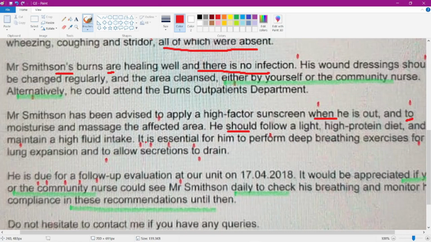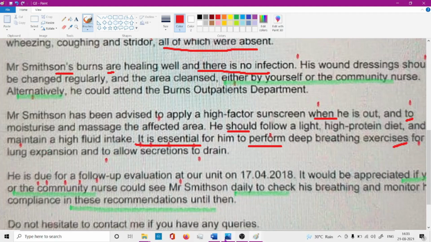It is essential for him to perform deep breathing exercises for lung expansion and to allow secretions to drain. With exercise you have to use perform deep breathing exercises, and it should be exercises, for lung expansion. Why?